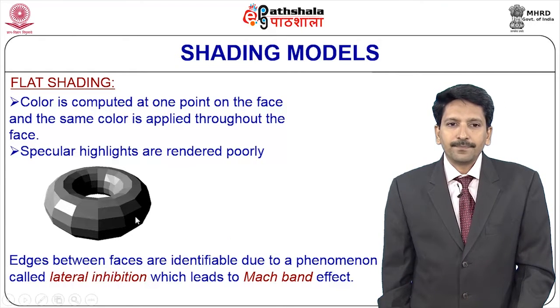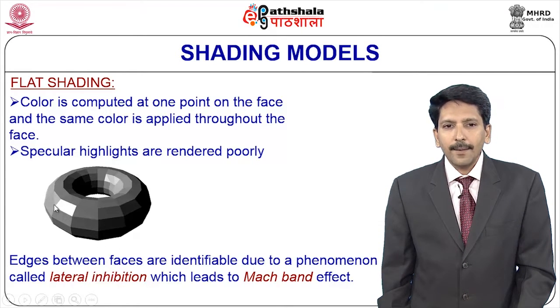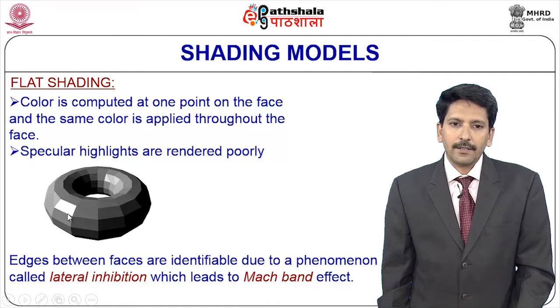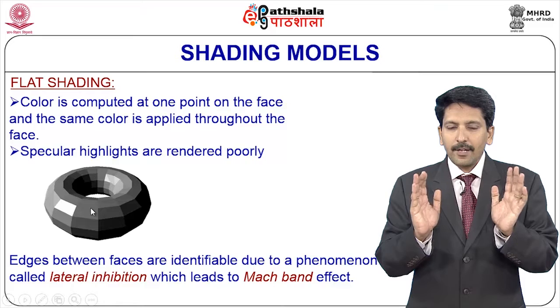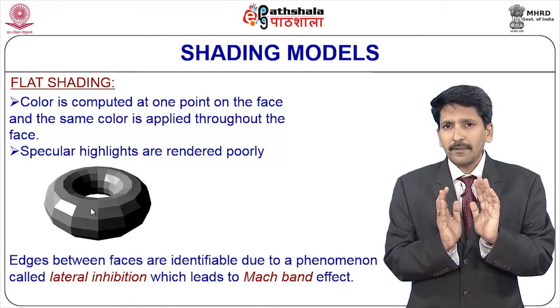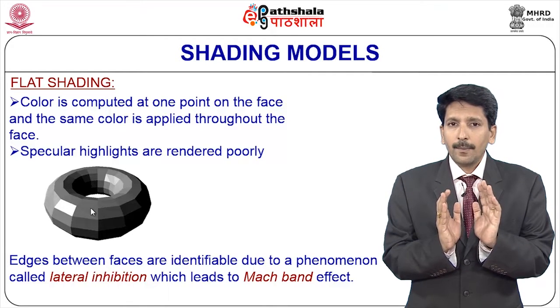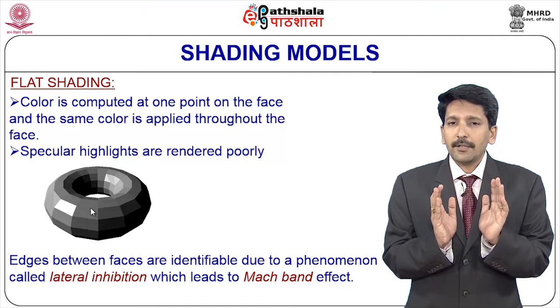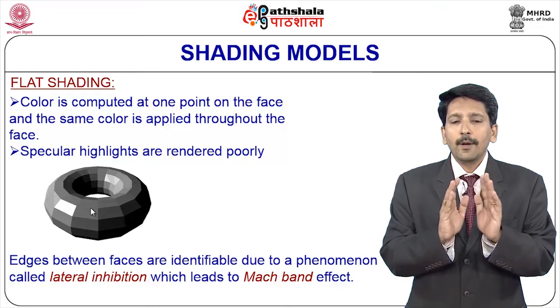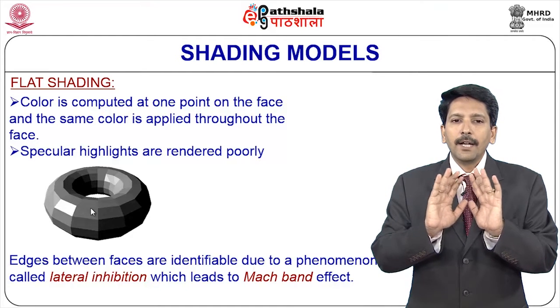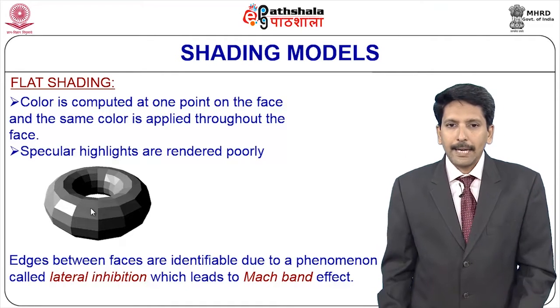Because we apply the same color throughout the polygonal face, as you can see here, the donut-like object appears jagged and roughed up, as all the individual polygonal faces are very clear. With better shading techniques like smooth shading, which we will be seeing later, we will be able to give the object a very smooth appearance.